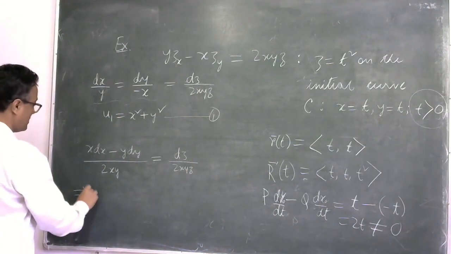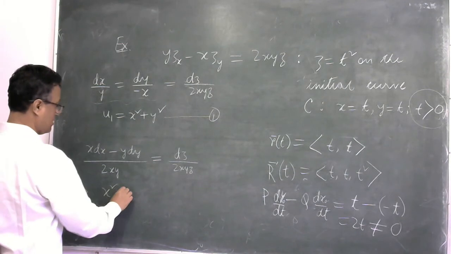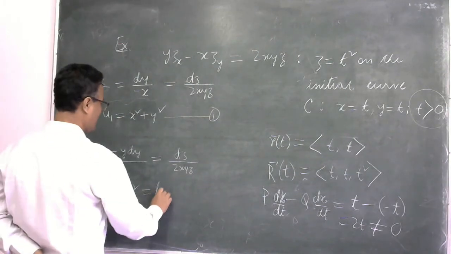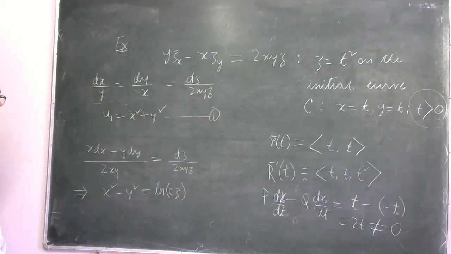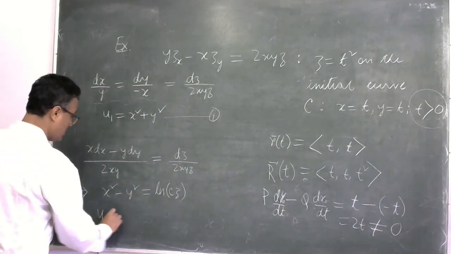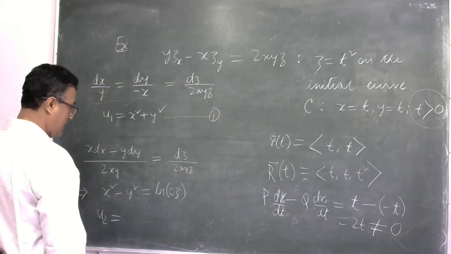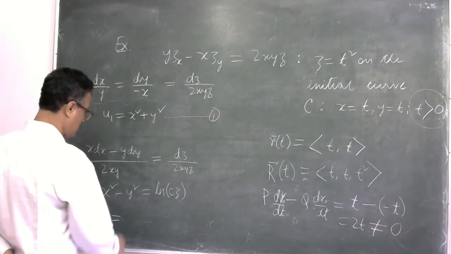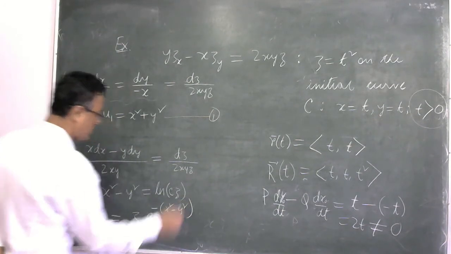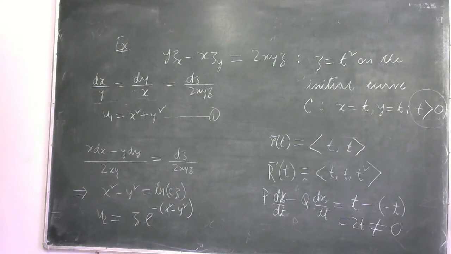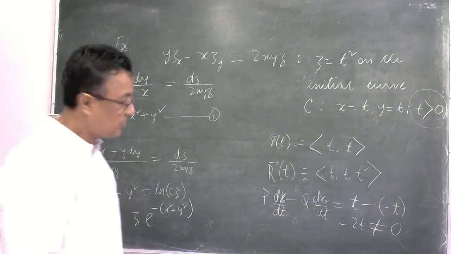So from here, I get x squared minus y squared equal to something like cz, right? So u2, I can write as c equal to e to the power minus (x squared minus y squared). Is it okay with everybody?